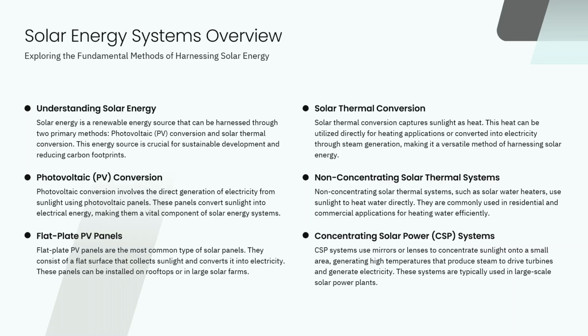From these, the photovoltaic systems play the major role in today's electricity generation. And you also have what we call solar thermal conversion, which is basically used for water heating, and now there are modern technologies available for electricity generation through solar thermal conversion.